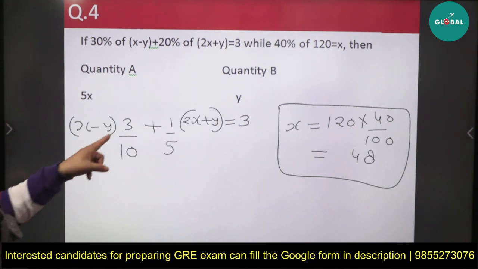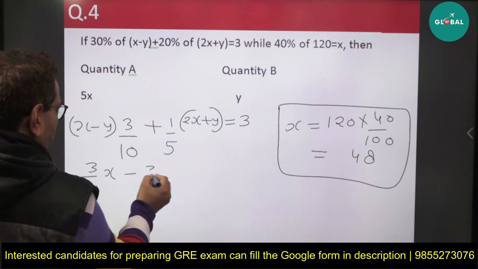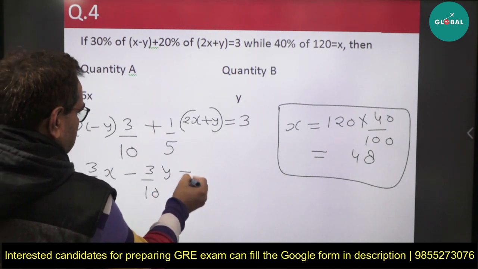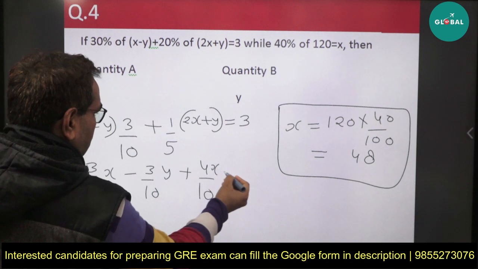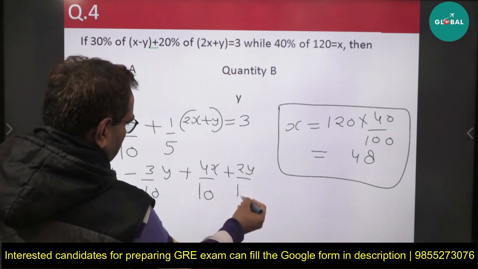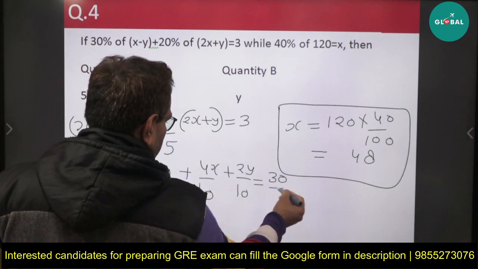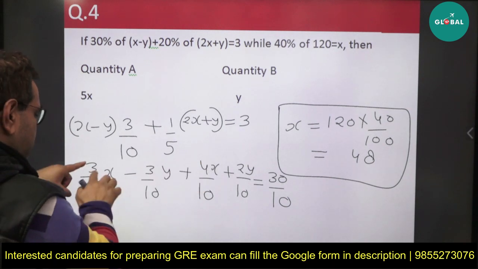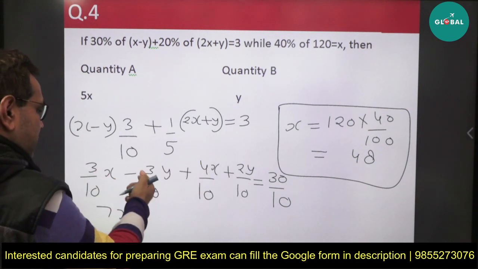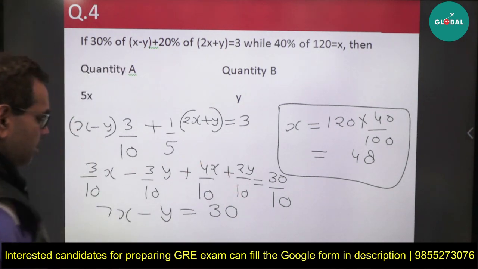So now this is 3 upon 10 x minus 3 upon 10 y plus 2x upon 5, or 4x upon 10, plus 2y upon 10, equal to 30 upon 10. Make the denominator 10 in all cases. So now we have 4x plus 3x, 7x, minus 3y plus 2y, so minus y, equal to 30, right?